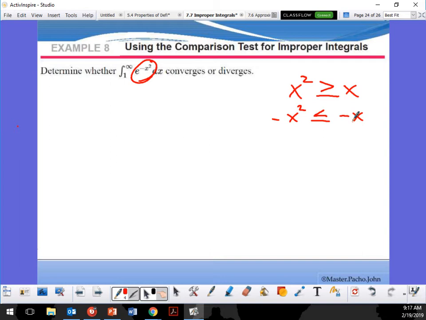Okay, so now we're doing a comparison test. Instead of having the negative x squared, we're now going to compare it with my negative x.